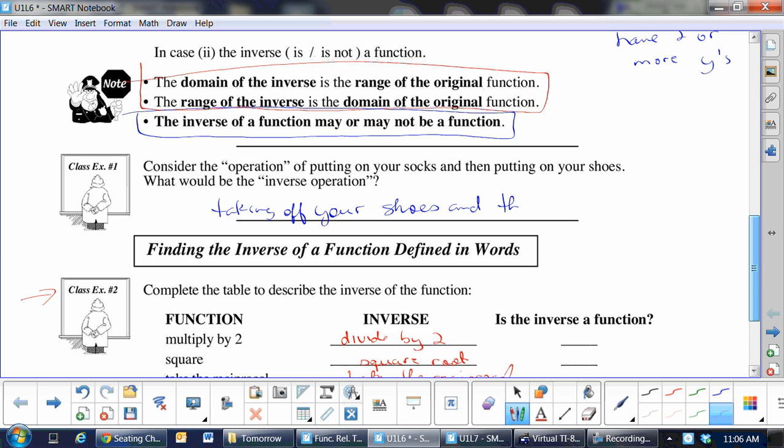Do the opposite order in reverse. Consider this sentence. What would be the inverse? That's it. Like, well, you're like, what? I can't even use my calculator for this. That's not math.